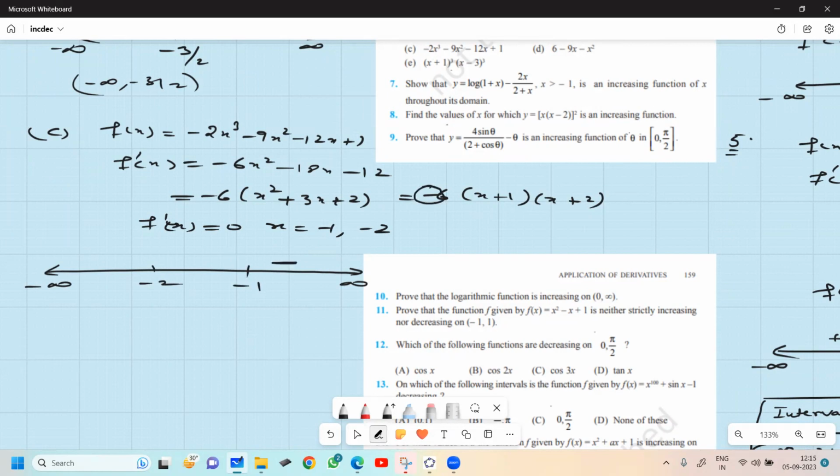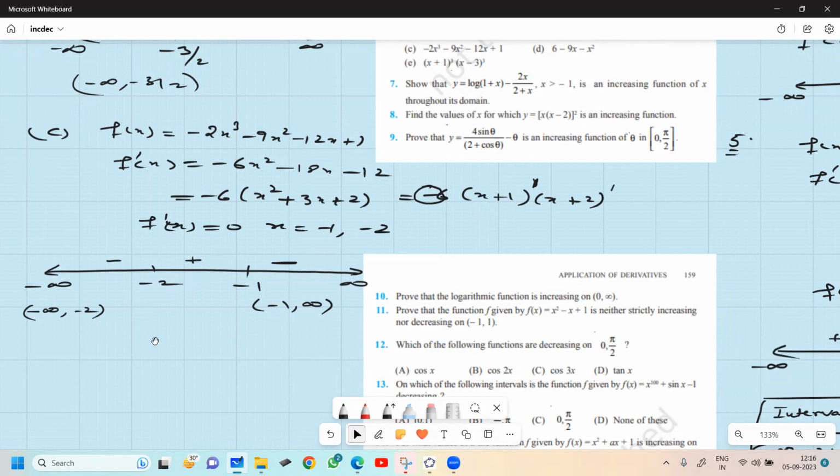Now x plus 1 power is odd, so it will be alternate. Then x plus 2 power is odd, so again this is alternate. So this is strictly decreasing in the interval minus infinity to minus 2 and minus 1 to infinity, and increasing in the interval minus 2 to minus 1. Clear? You have to make that table.